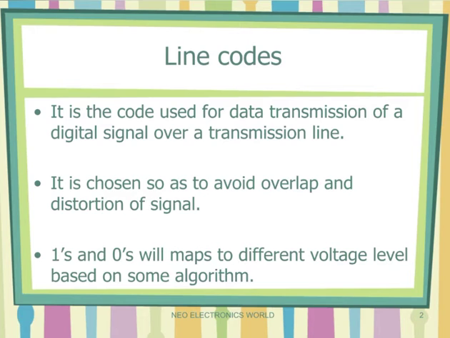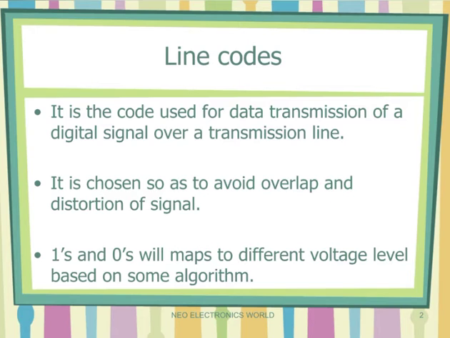Ones and zeros are mapped to different voltage levels based on some algorithm. Ones and zeros mean the digital data. We convert the analog signal into a discrete signal, and then it is converted to a digital signal, after processes like sampling, quantization and encoding, and we get ones and zeros.